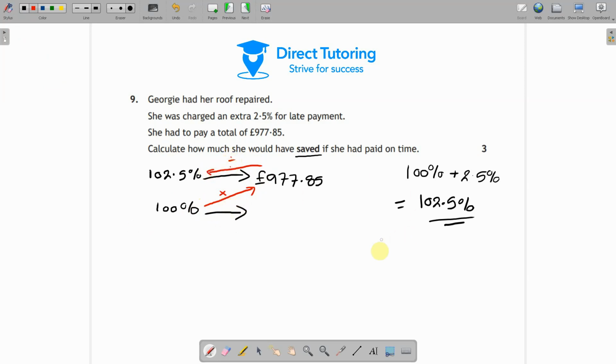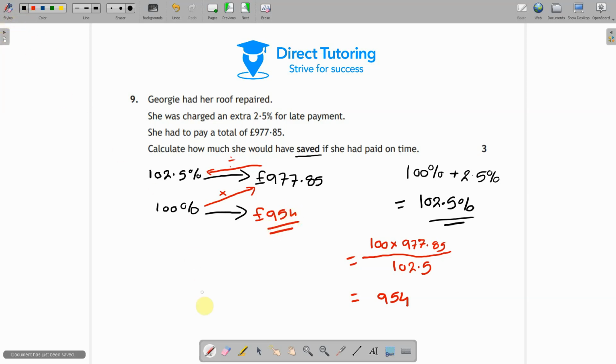So the calculation is 100 times 977.85 divided by 102.5. Now that will give us a value of 954. So that means the original bill was £954.